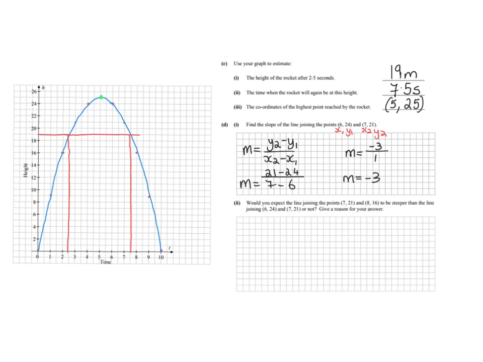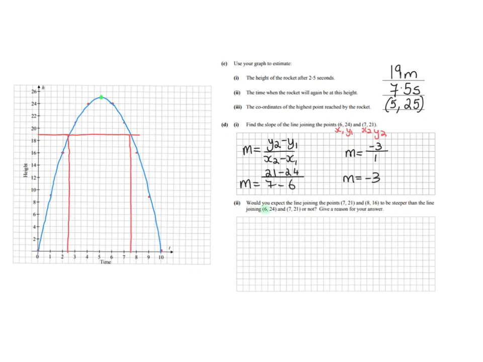Then part 2 says, would you expect the line joining the points (7, 21) and (8, 16) to be steeper than the line joining (6, 24), (7, 21)? Give reason for your answer. So we're talking about two sections of the graph. So I'll highlight it in.